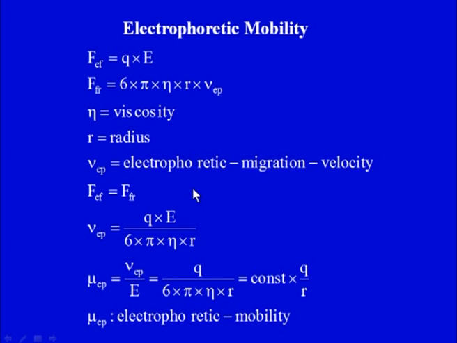So, electrophoretic migration velocity will be affected by all these factors, and as we said, electrophoretic mobility is force divided by the friction. This equation gives the electrophoretic mobility of a particular analyte or charge species, and all the factors like viscosity and particle radius have been taken into account here.